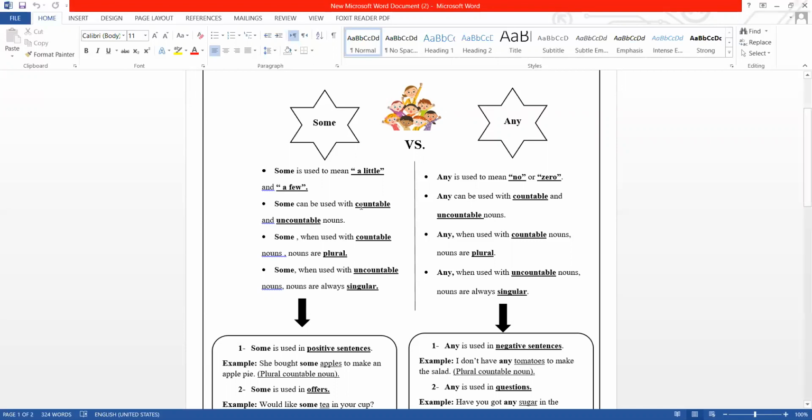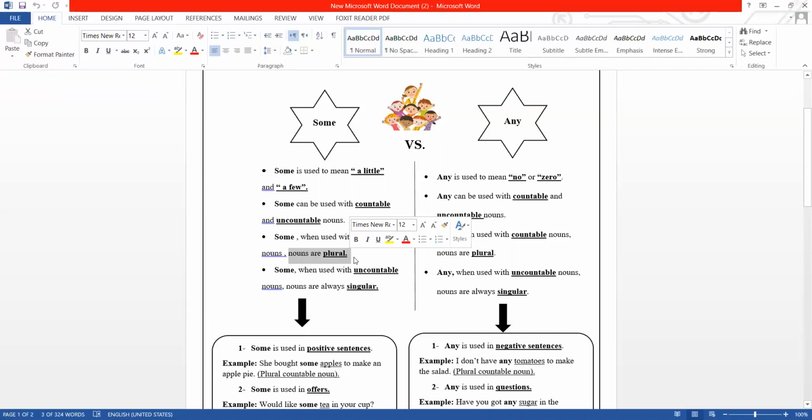Some can be used with countable nouns, which are nouns that I can count and I can make a plural form from them, and with uncountable nouns, the nouns that I can never count and they are always singular. Some, when used with countable nouns, nouns must be plural. Why?